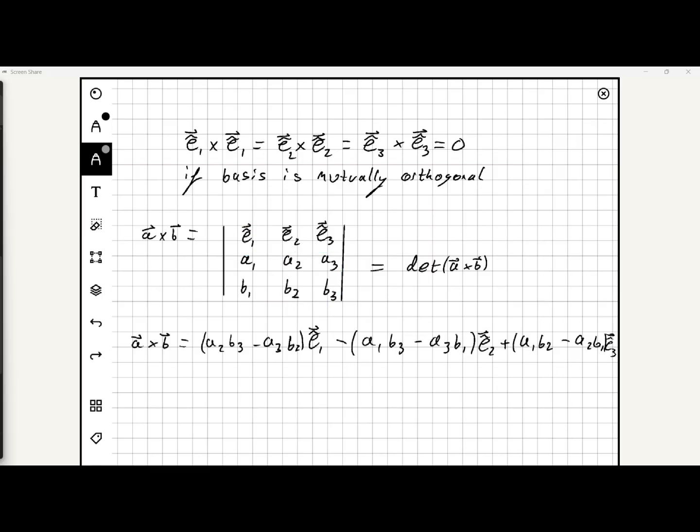Then for the second one, we choose e2, and ignore the middle column and take this as our second block matrix. But we do a negative for the middle one. Then for the third one, we'll go to the bottom left and make a block matrix there.